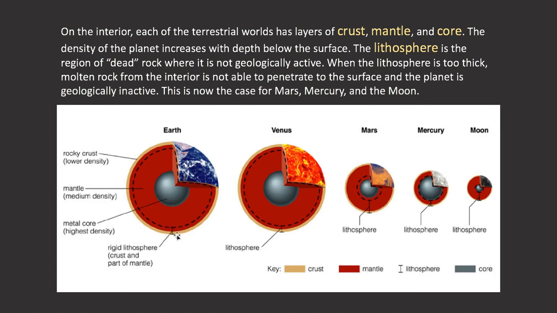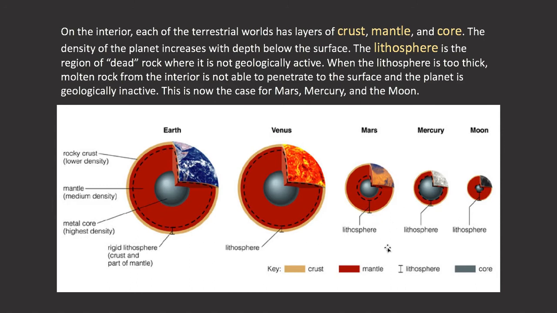So on the Earth, it's from here to here, right? This dotted line indicates where the lithosphere stops. On Venus, from here to here. Then from Mars, here way in basically to the core, Mercury basically into the core, Moon basically into the core. Now the significance of that for these three planets is that their lithosphere is so thick at this point in time that material, magma, from inside the planet can't make its way to the surface.